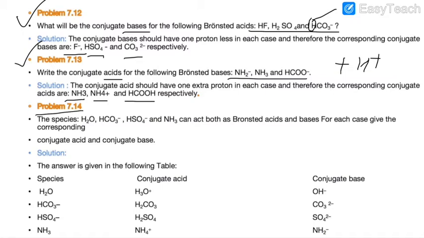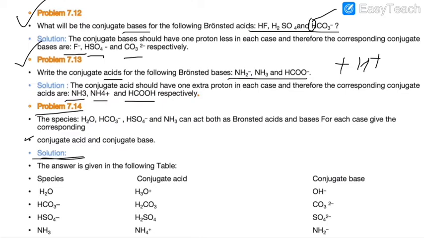The next question is, the species H2O, HCO3 minus, HSO4 minus and NH3 can act both as Bronsted acids and bases. For each case, give the corresponding conjugate acids and bases. How will we solve it? Again, a very simple concept.